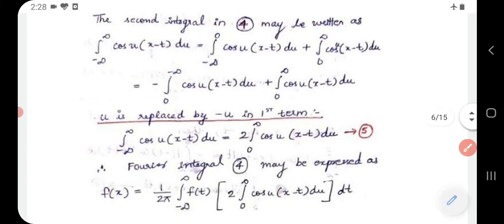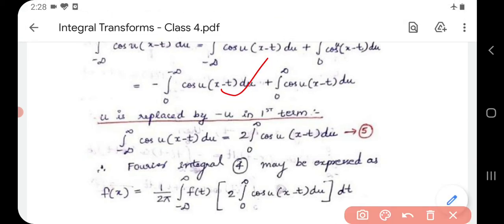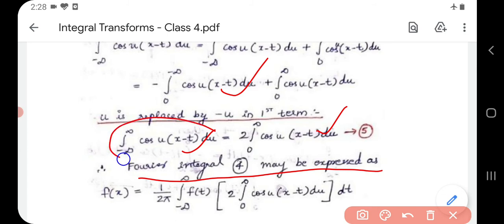Now just replace u by minus u in the first term. Then you will get an expression like this, that is 2 times the integral from 0 to infinity of cos u(x minus t) du. So in the Fourier integral given by equation 4, we have seen a term like this, right?